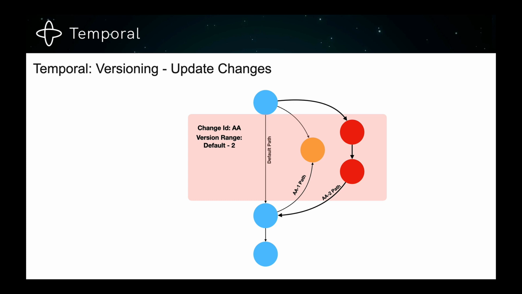And if we look at the code that we looked at before, that really adds a ton of code to our workflow definition that we have to change. So what can you do about that?